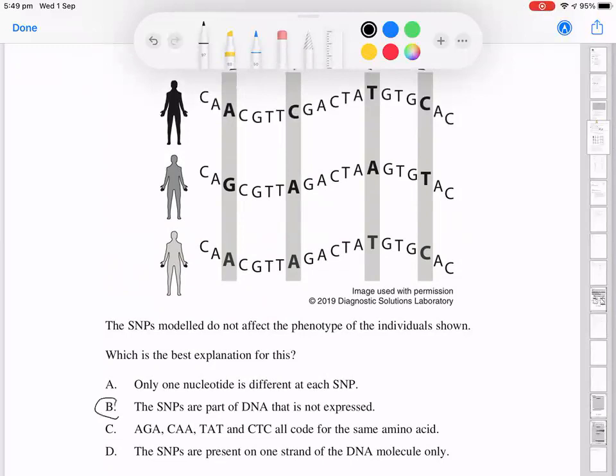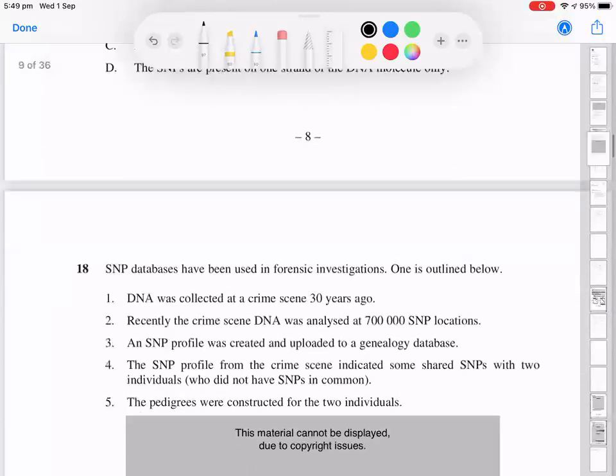So these are going to be found as base mutations in at least 1% of the population. Therefore, we'd expect to find them in non-coding regions, because if these were in coding regions, they'd likely have an effect on function. If they weren't silent mutations, in which case we'd see a lot more mutations which were unfavorable, so they probably wouldn't really exist.